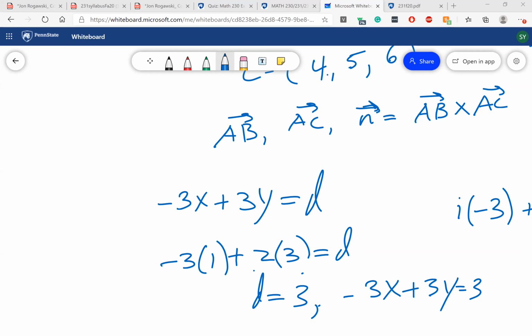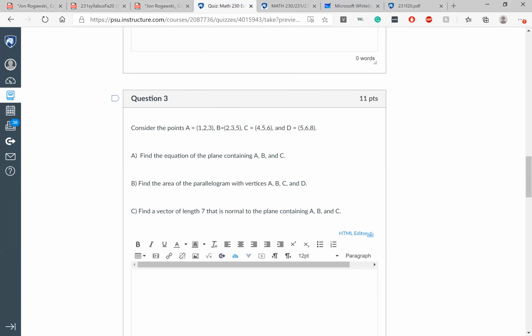So the next question that they ask us to do is find the area of the parallelogram with vertices A, B, C, and D. So let's look at how this parallelogram looks.